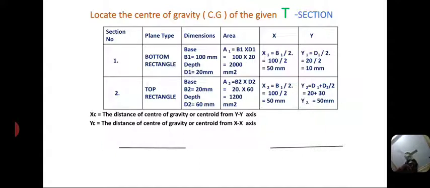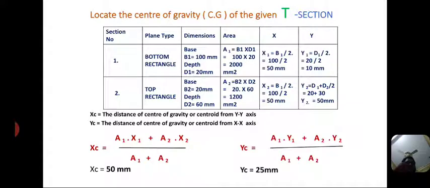Here xc is the distance of center of gravity from the y-axis, yc is the distance of center of gravity from the x-axis. x equal to a1 x1 plus a2 x2 by a1 plus a2. Answer is x equal to 50. So therefore the distance of centroid from the y-axis is 50 mm, and yc equal to a1 y1 plus a2 y2 by a1 plus a2. Answer is yc equal to 25 mm.